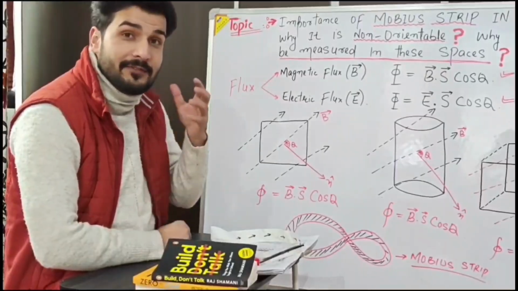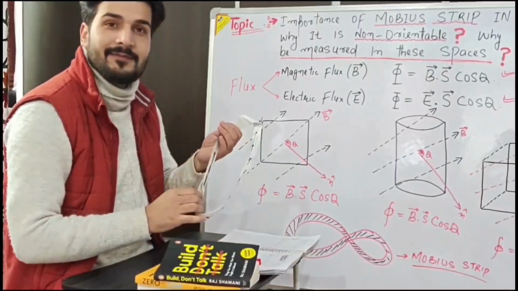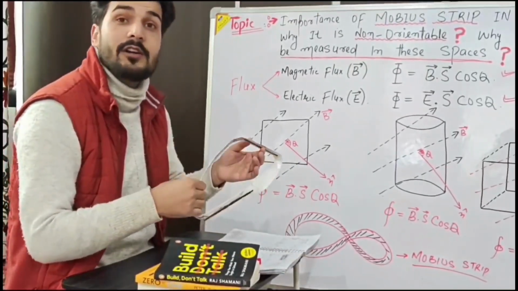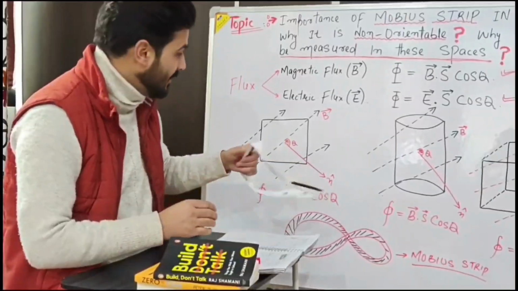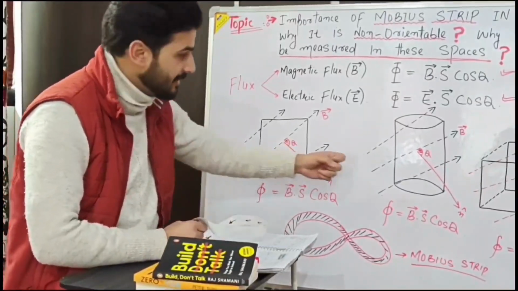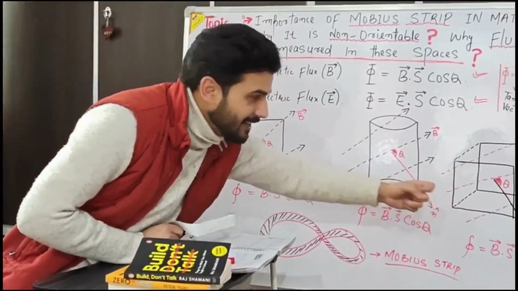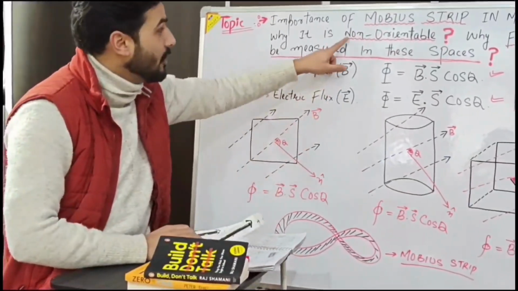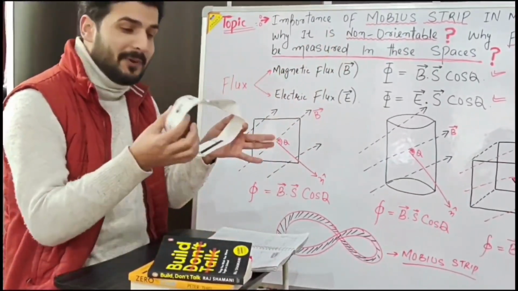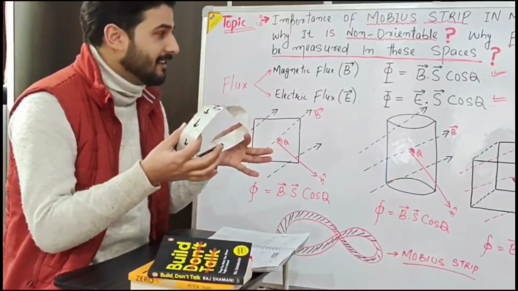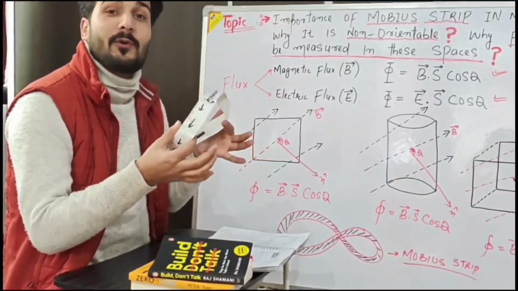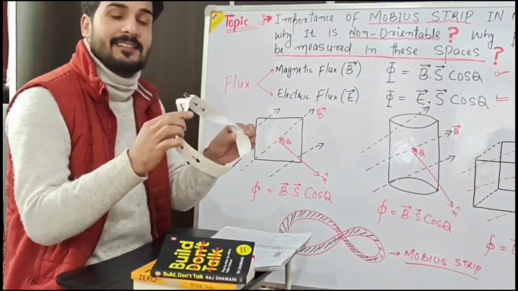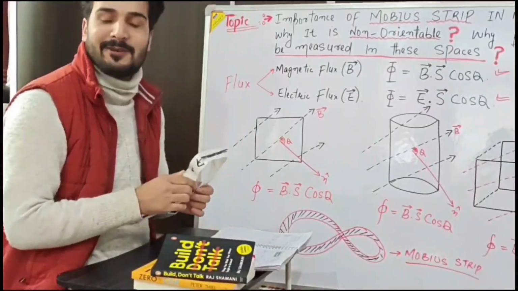Why can't we measure flux in a Möbius strip? Because the Möbius strip is not orientable. This surface is orientable, and this surface is orientable. But the Möbius strip is non-orientable. So with this property, it is not possible to find the flux through a surface like the Möbius strip.